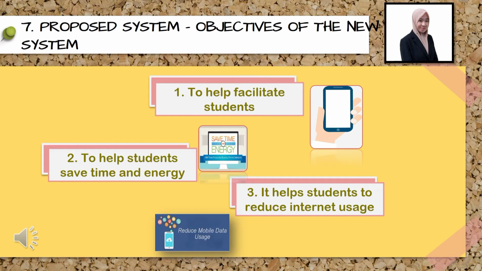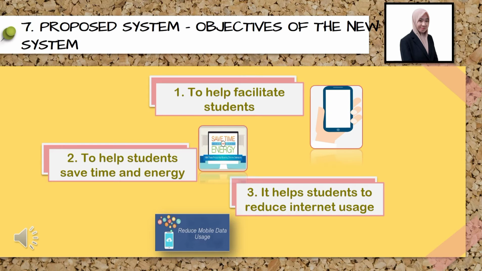And then lastly is to help students reduce their internet usage. It is because this application is easier to open and use on the phone. That is why internet data can be saved. When students want to access this system, they do not have to worry about using a lot of data compared to the student portal, because the student portal requires a lot of internet usage.